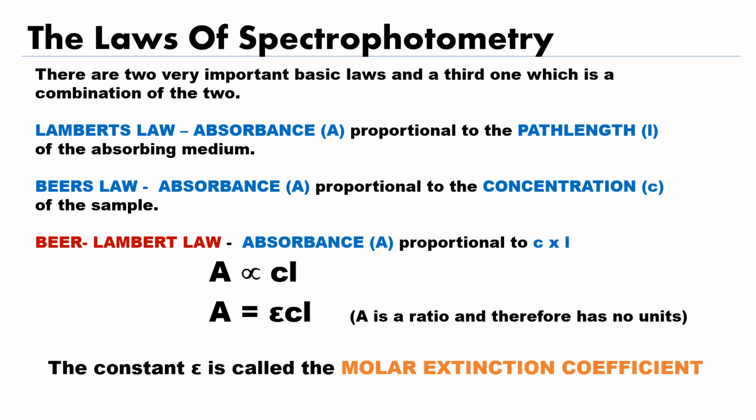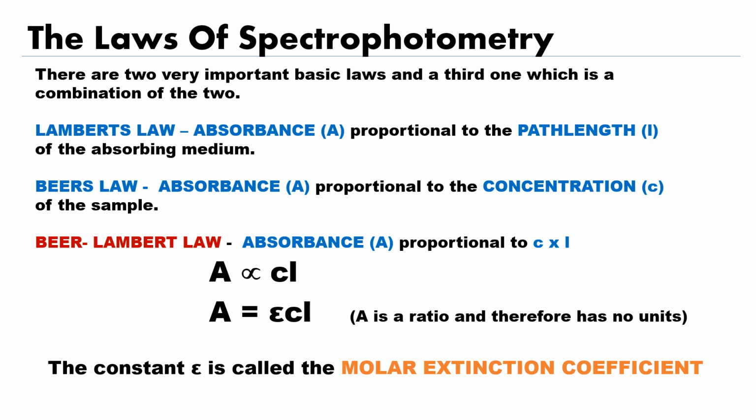These two laws were derived independently by Lambert and Beer. Lambert states that absorbance is directly proportional to the path length. Beer's law states that absorbance is proportional to the concentration of the sample, C. Then these two laws combine together and the third law is derived, called the Beer-Lambert law.